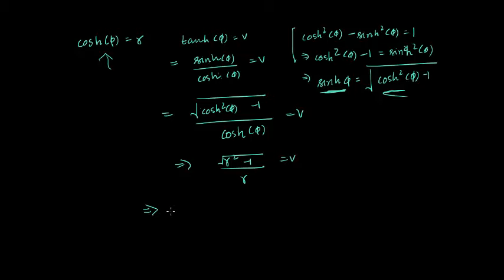This means that gamma squared minus 1 is going to be gamma squared v squared, or gamma squared times 1 minus v squared is going to be 1, and this means that gamma is going to be 1 over the square root of 1 minus v squared. Of course we had assumed initially that c was 1, but there's also a c factor that comes if we assume that c has its usual value in the usual units. And in fact these are the Lorentz transformations.